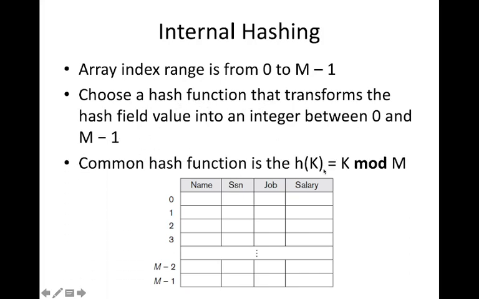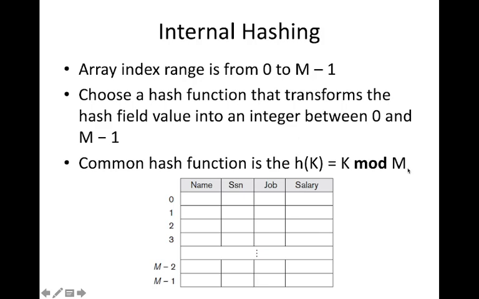The commonly used hash function is k mod m. What we have to do is k will be replaced by the key field value. For example, if your register number or roll number is used as the k value, say the roll number is 25 and m is 100, that is, there are m array slots.